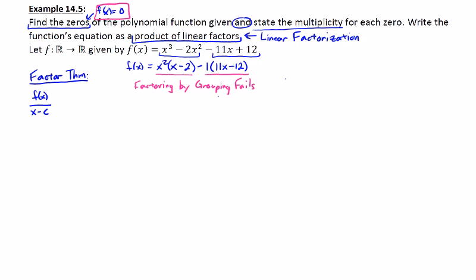Here I don't. So the p over q list that we were coming up with in example 14.4, that the rational zero theorem gives us, is the list that we want to use to test out for c.